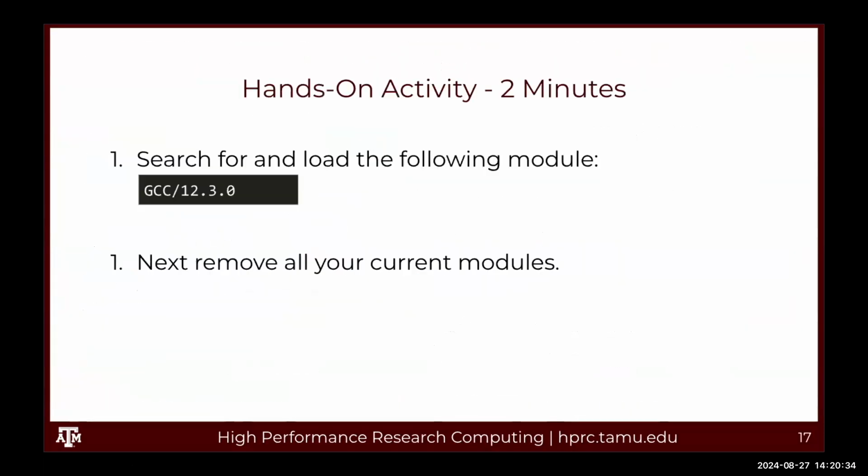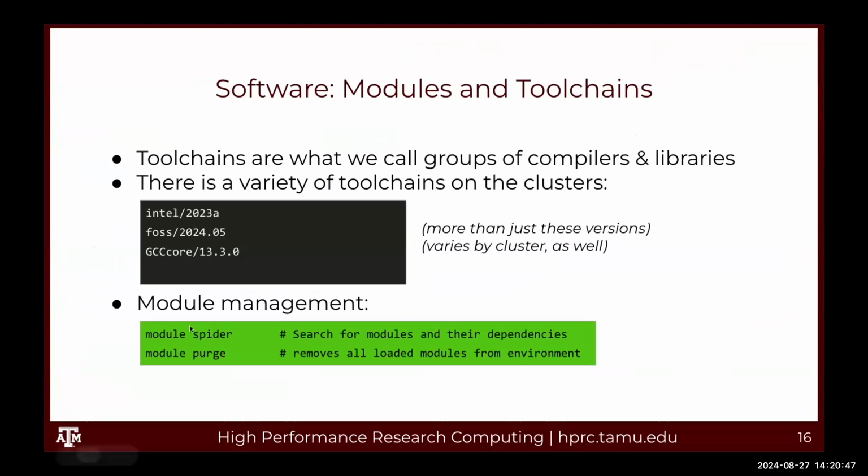So if you're interested in any sort of software or application, you can use the command module spider that we had shown you. If you go back to this slide, you can see that we have spoken about module spider. It basically helps you search for modules and their dependencies. So if there is a module available, I'm pretty sure we have the dependencies also available for it.